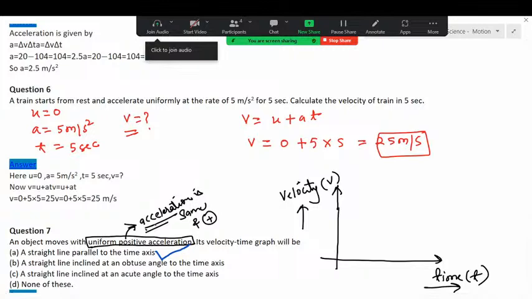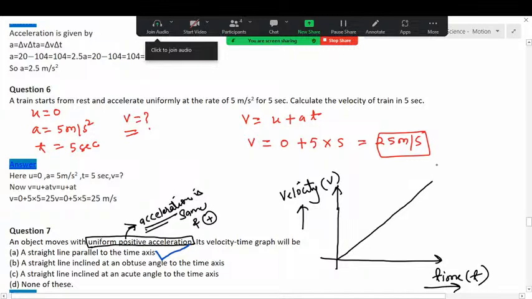And if velocity is increasing, the graph goes like this. When there is acceleration, the graph goes like this. If there is no acceleration, that means no change in velocity, and the graph goes like this. That indicates zero acceleration, but here it indicates some positive acceleration. That means this is your answer.